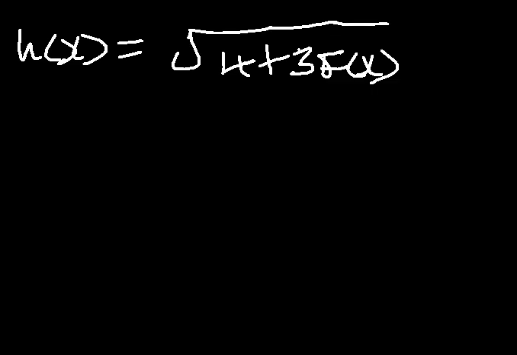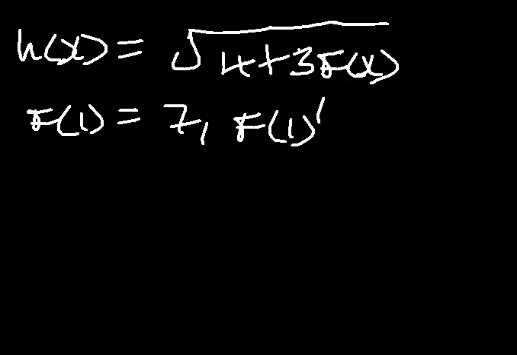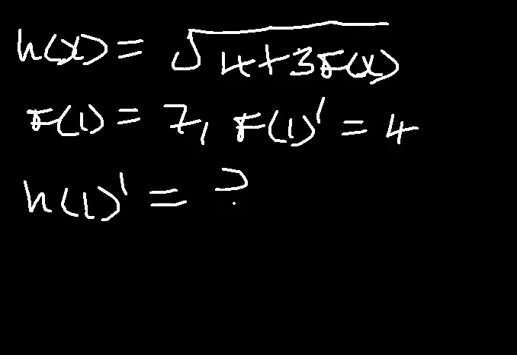Let's say that is the case, and we have f of 1 given as 7, and we have f of 1 prime, let's say, given as 4. Now what is the value of h of 1 prime if this is the case?